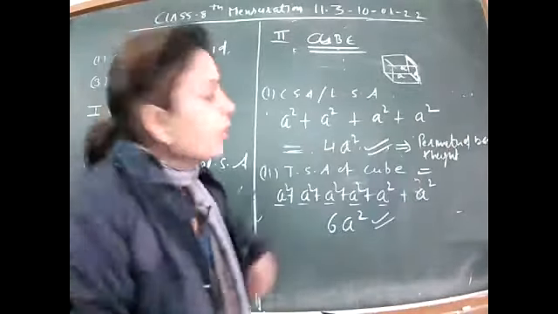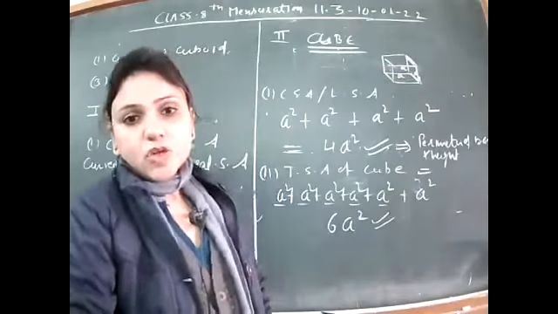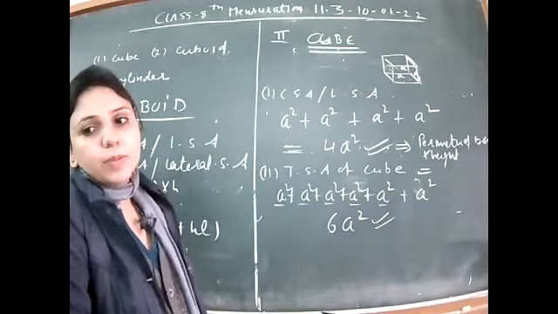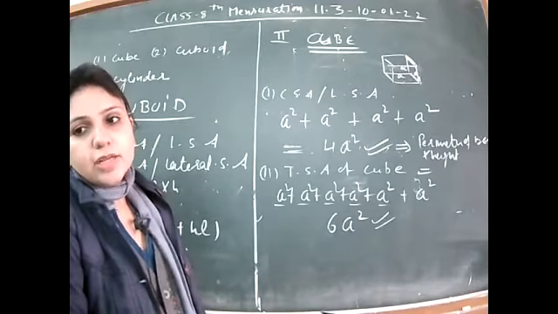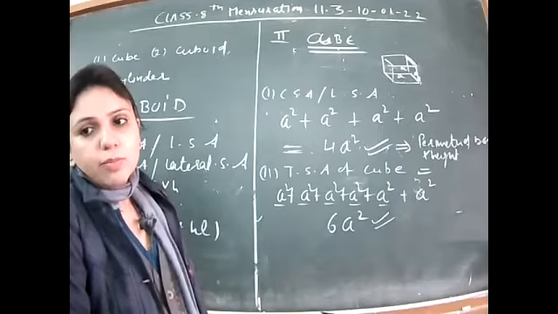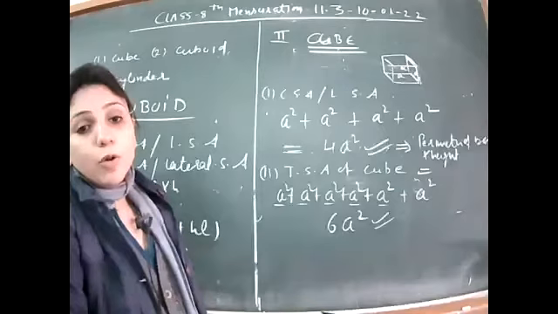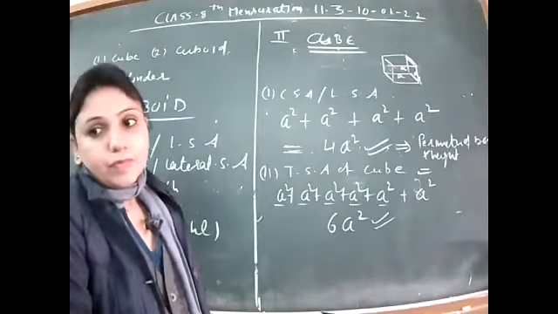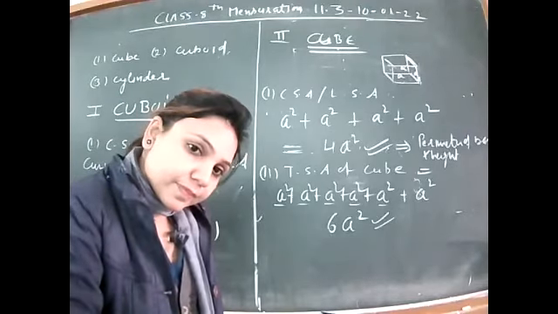Can anyone tell me what will be the perimeter of the base in case of cube? Amarjot Singh, unmute yourself. 4A square. I'm talking about perimeter of the base. What kind of shape is the base? Square.